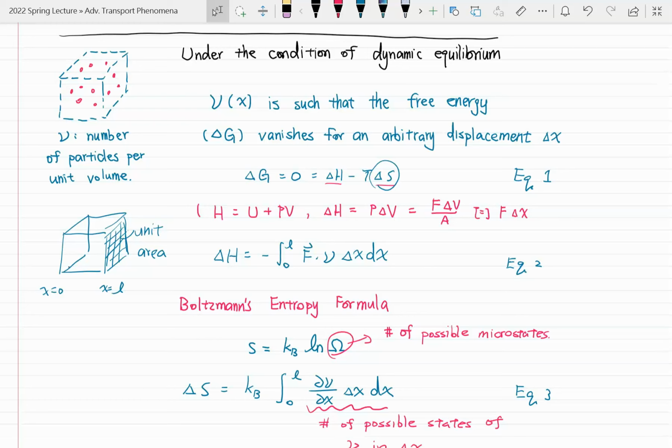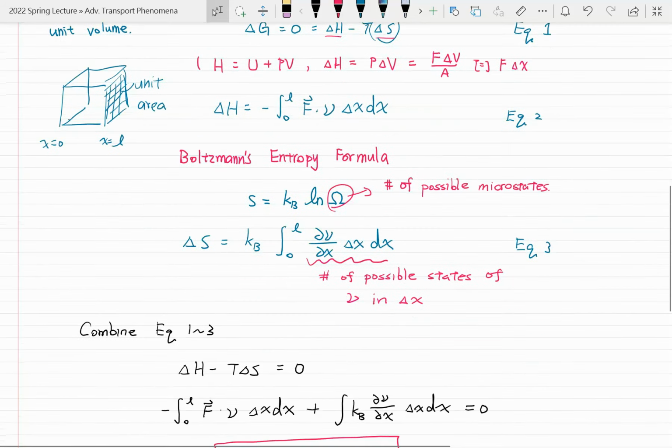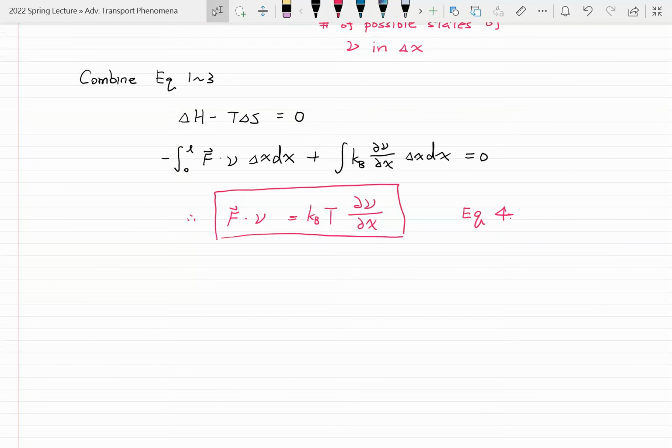And the T delta S is basically using the Boltzmann entropy formula, meaning that the entropy is equal to the Boltzmann constant times the possible microstates within the system. Using these two together, we finally get to equation 4, that has this expression of the force times nu equals the Boltzmann constant times temperature times partial nu partial x.